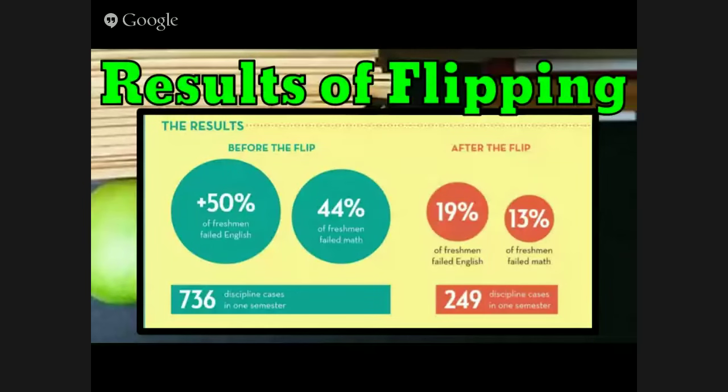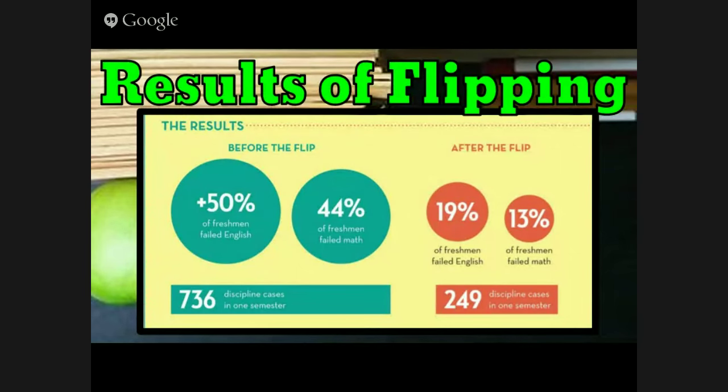That's why we see so many results from flipping that you can pull out. But you see that this school had percent of their students failing English and 44% failing math.